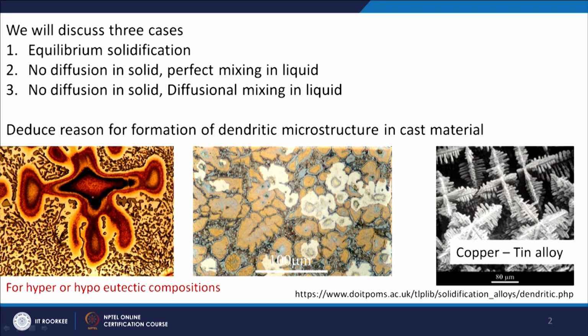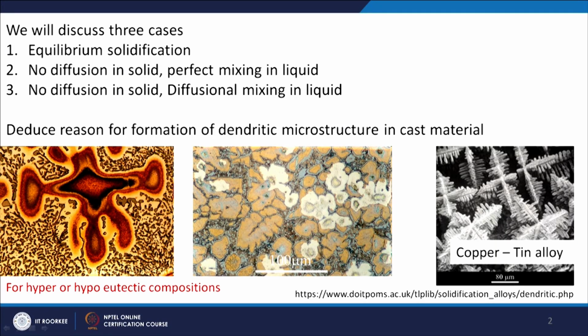And in the pro-eutectic phase you can also see the effect of coring. If you remember, we discussed solidification coring. You can see the gradient in composition starting from where the first solid started forming, and as it goes away from that center.